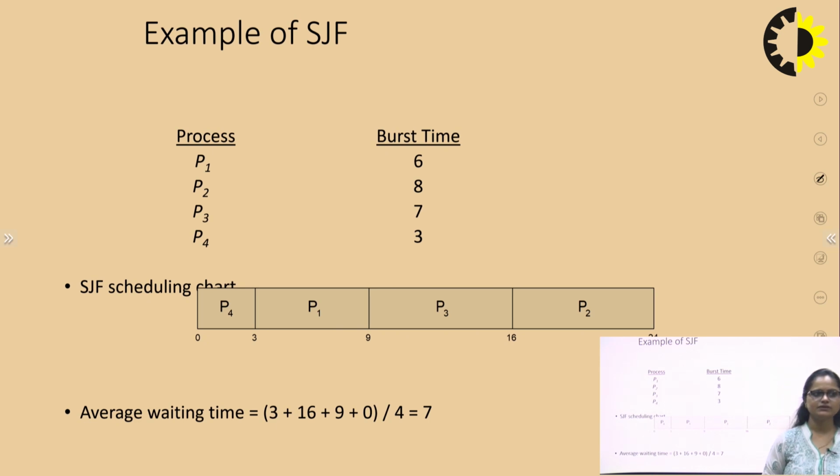So we can see here there are 4 processes P1, P2, P3, P4, and their burst times are given as 6, 8, 7, 3. We can get the average waiting time in the same way.